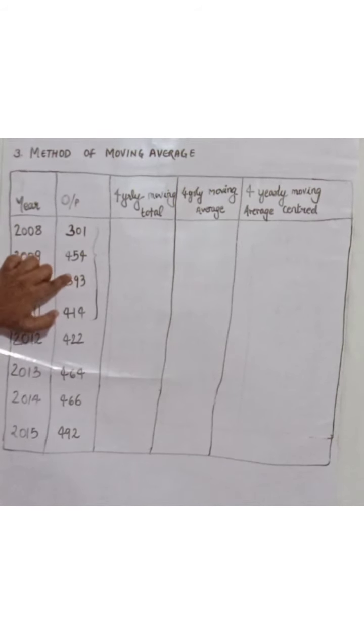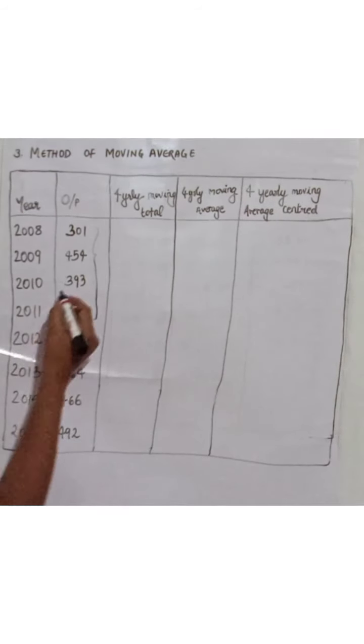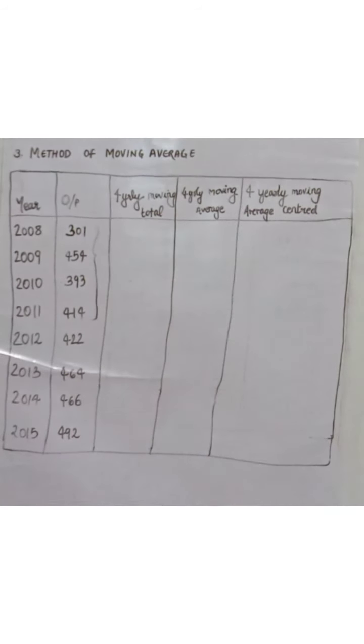So we are going to place it in the third element's corresponding column. The third element is 393 and we are going to place it over here.